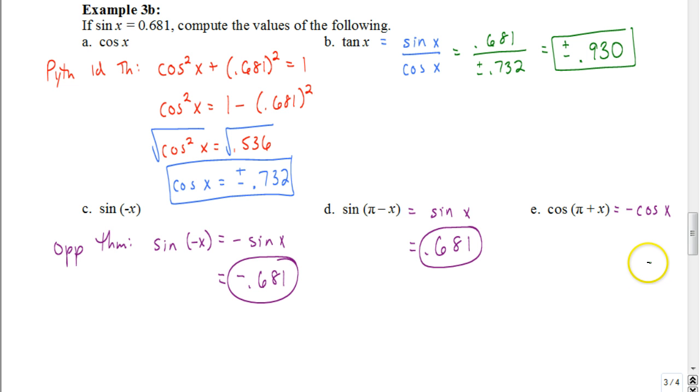Well, the opposite of that would also be plus or minus, because the opposite of a positive 0.732 would be a negative 0.732, and the opposite of a negative 0.732 would be a positive. So again, it's going to be plus or minus 0.732 for that one.